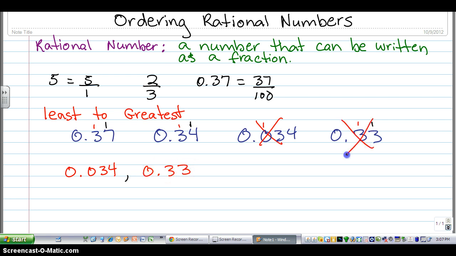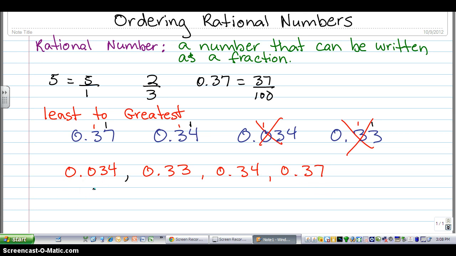Let's cross that off. Now let's go back to these. We had a 7 and a 4. This one is smaller, so 0.34, and 0.37 is the largest.